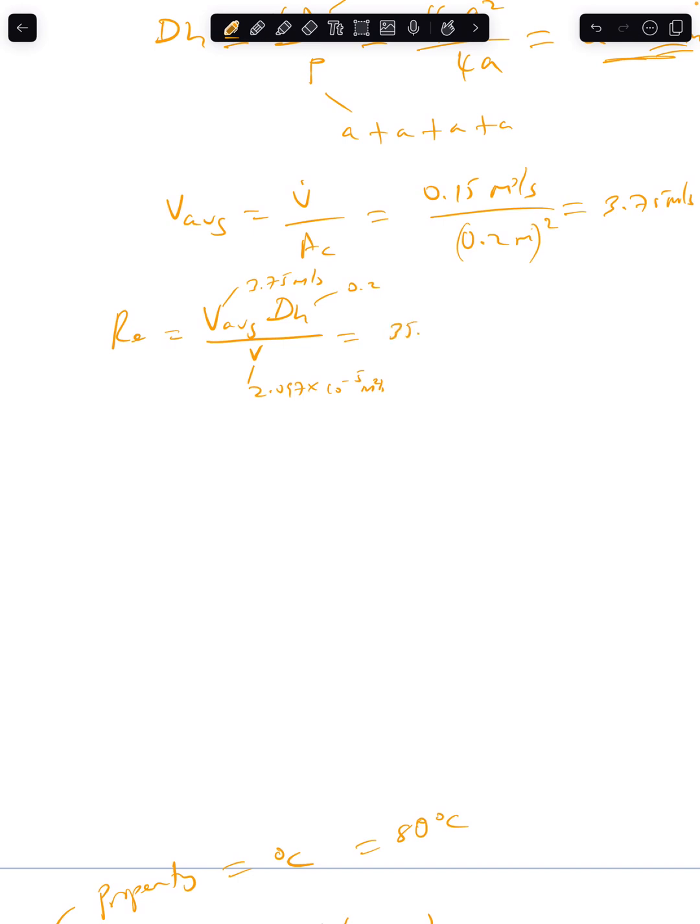35,765. It is a dimensionless value, and we can see that this is bigger than what? 10,000.